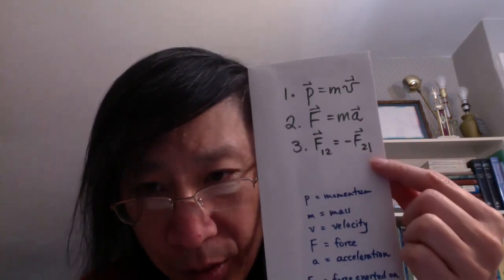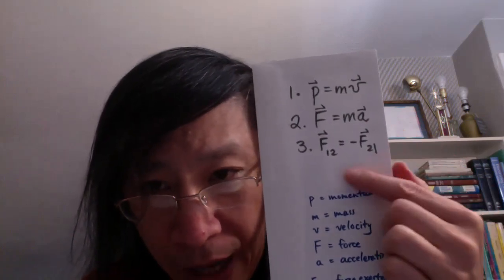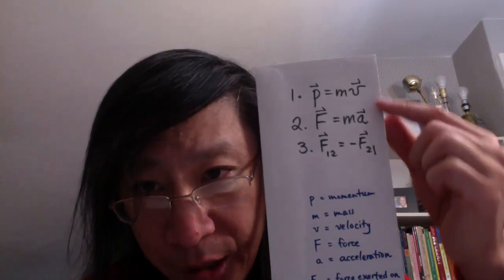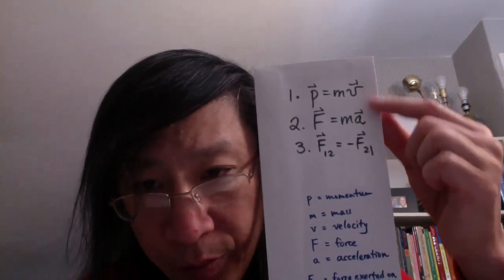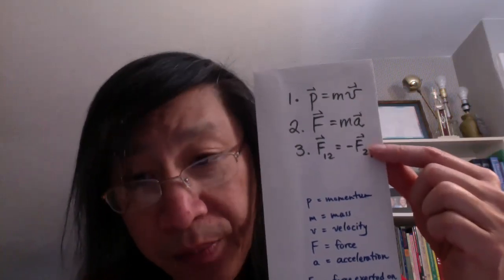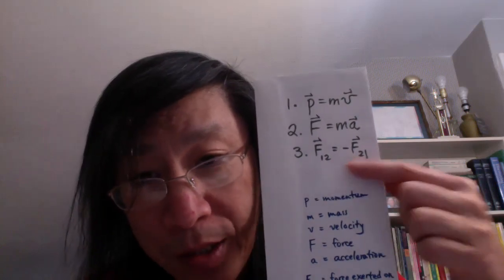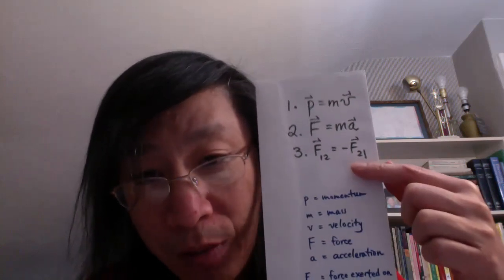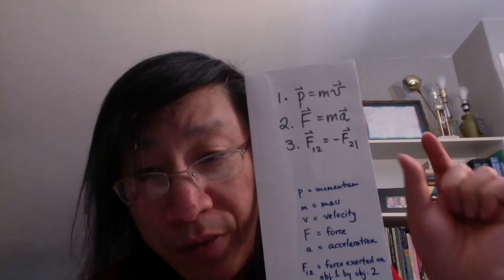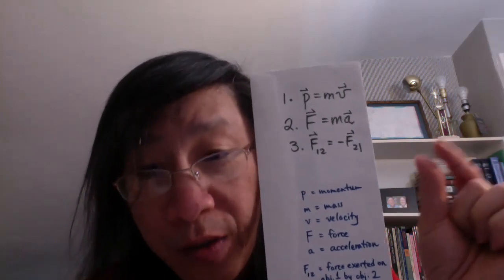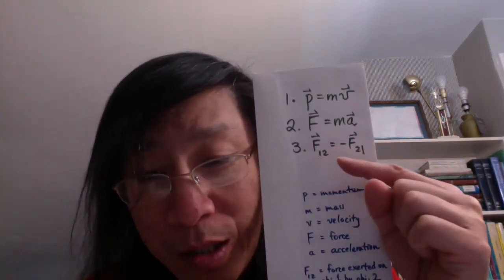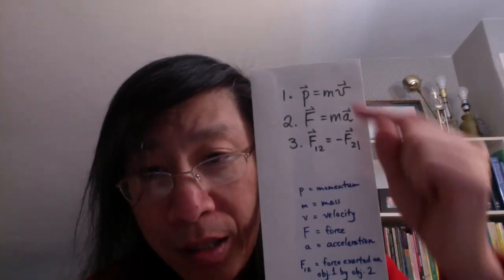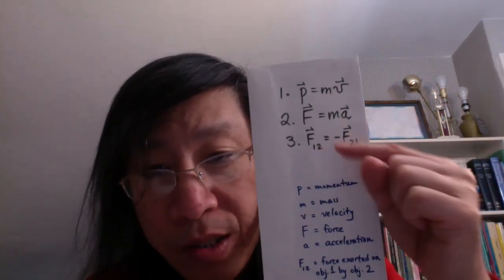And then the third law, the law of reaction: every action has an equal and opposite reaction. This is like the conservation of momentum, but for a system. If you have more than one object, say one object pushing against another, now you don't just have an object, you have a system of objects interacting. That's Newton's third law, and it's basically the conservation of momentum with objects interacting with one another.